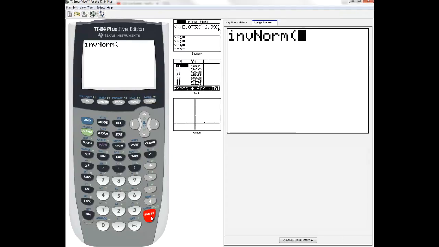So this said in number 5, 45% of all observations are greater. I got to put in the opposite. That's the same thing as saying 55% are less. But 0.55 is the number I want to put in. And there you go. It's at a z-score of like 0.13.